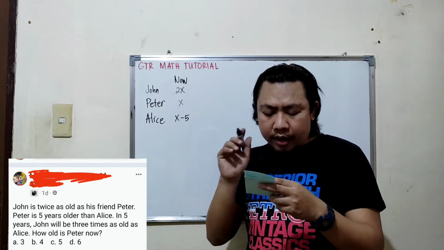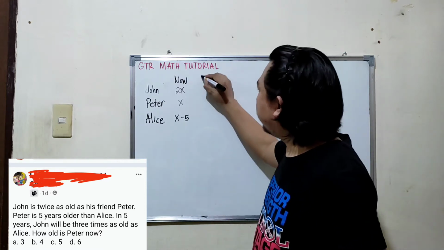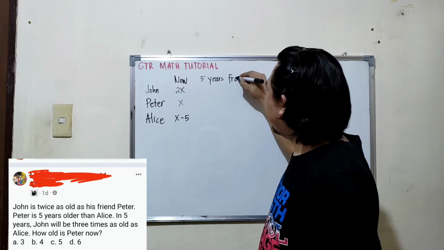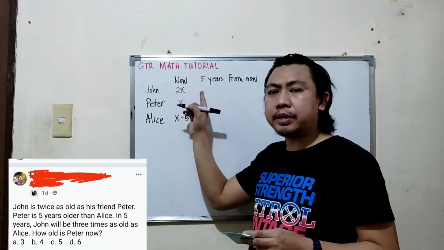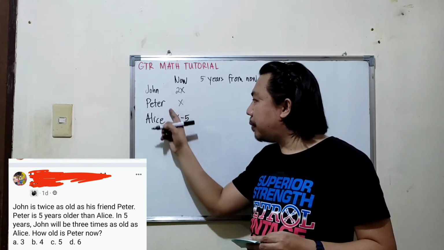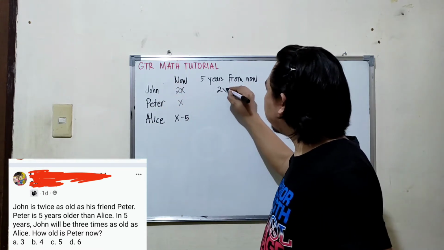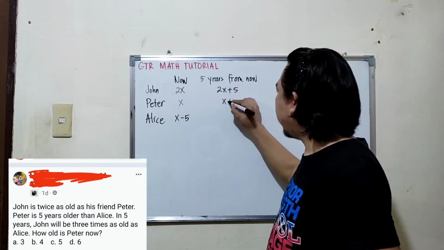Okay, so we are given in 5 years. Therefore, we have 5 years from now. So, 5 years from now, that means we just add 5 to the ages of John, Peter, and Alice now. So, we have 2x plus 5, then x plus 5 for Peter.